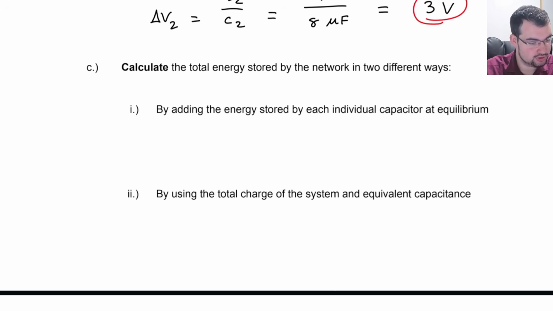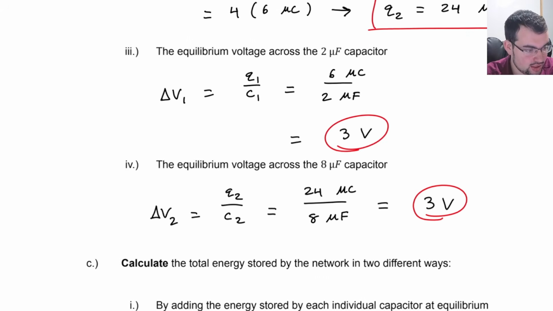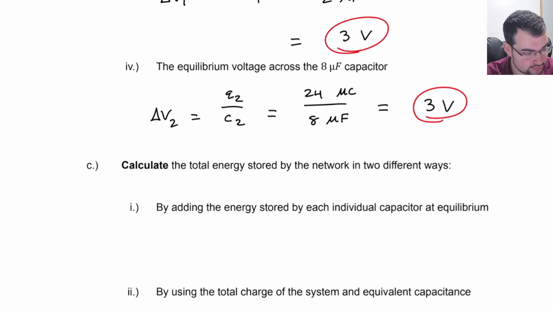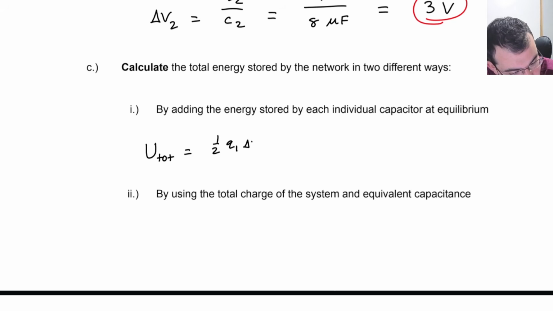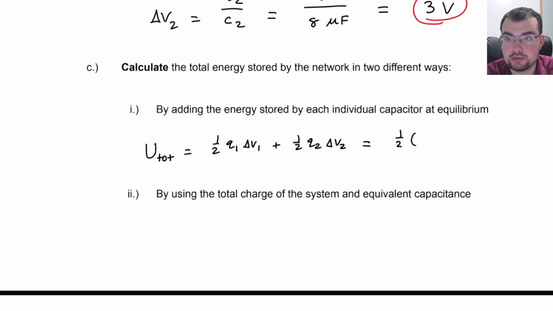Now let's find the total energy stored. So we can add the energy stored by each individual capacitor. Then we can use the total charge of the system and equivalent capacitance. So I think it's easier just to probably use 1/2 Q delta V. We'd use 1/2 Q1 delta V1 plus 1/2 Q2 delta V2, which is equal to 1/2 times Q1, which is 6, times delta V1, and I'm going to do this in microjoules.